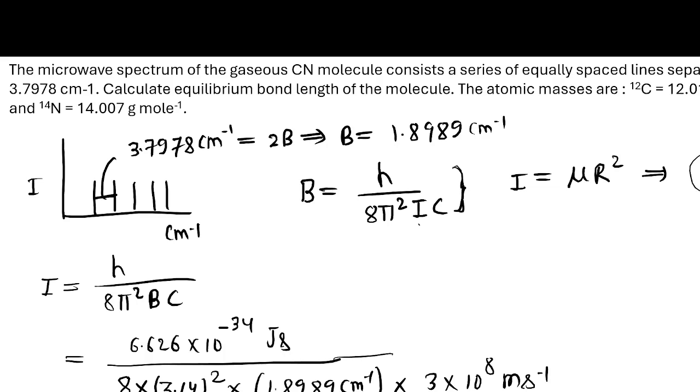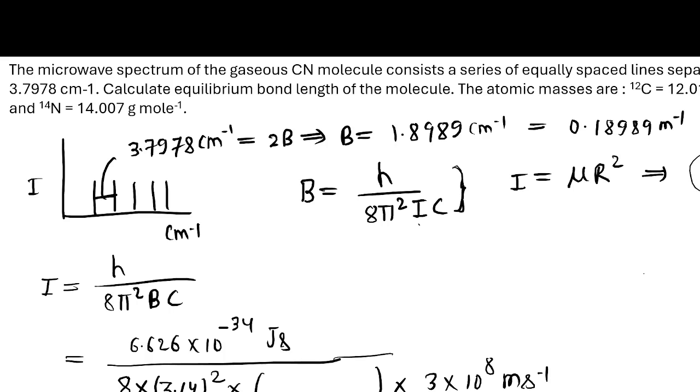We can convert this into meter inverse since I am dealing with SI units. So 1 centimeter is 10 to the power minus 2 meter, so 1 centimeter inverse is 10 to the power 2 meter inverse, so we have to multiply.